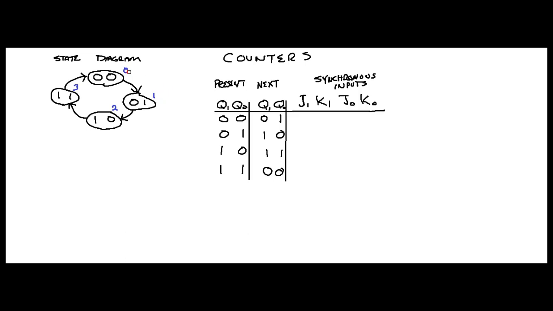Let me just clean this up here for you just a little bit, all right? First off, we need the JK flip-flop excitation table written down, and you already know this. So if you have a transition from 0 to 0, what's going to cause that?